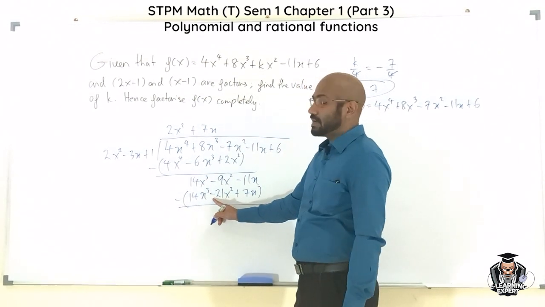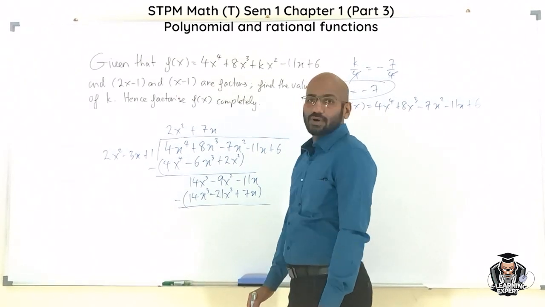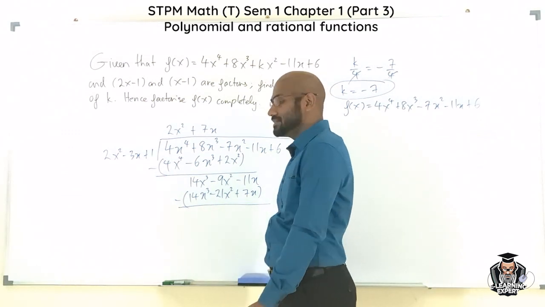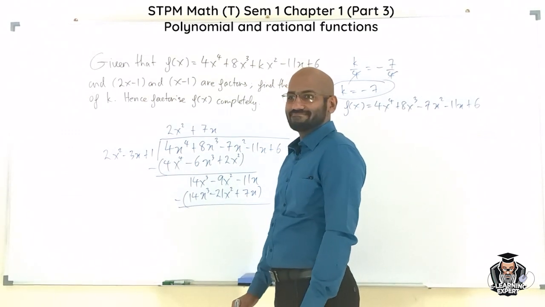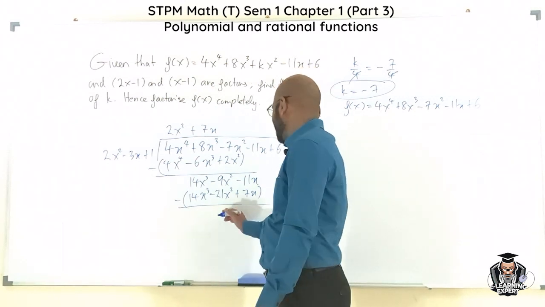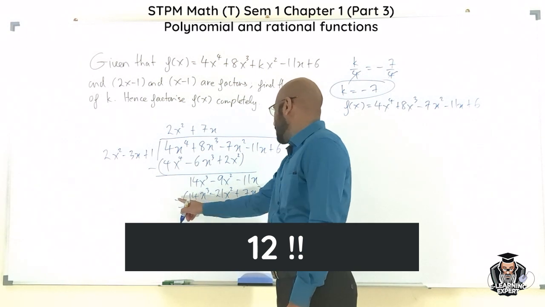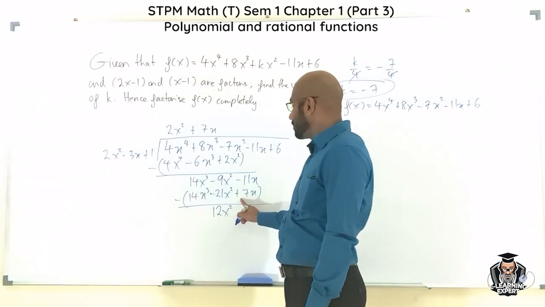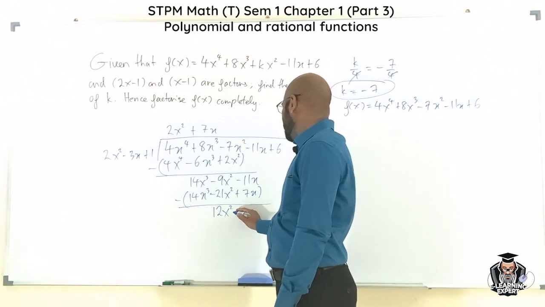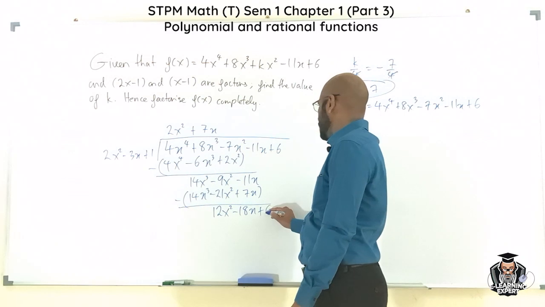Minus and minus is a plus. 21 subtract by 9. What do I get? What's 21 subtract by 9? We have here 12x squared. Minus and plus is a minus. Minus 7 minus 11 is going to be a minus 18x. And then I have a plus 6 over here.